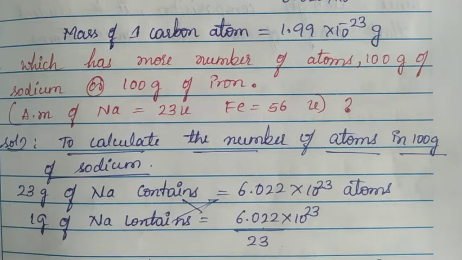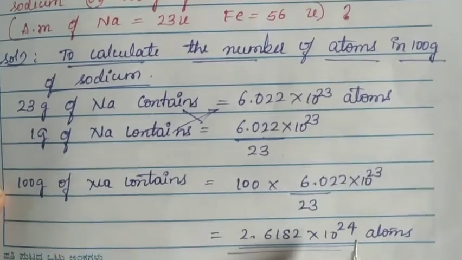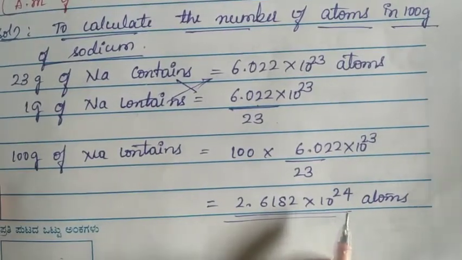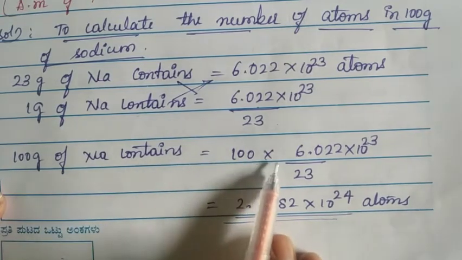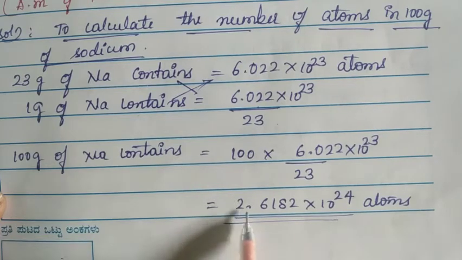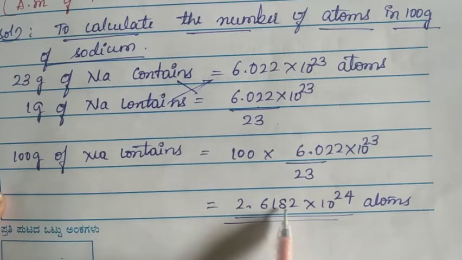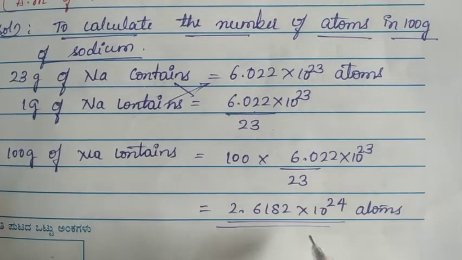Now cancel together and we simplify that, we get here the answer. Yes, 100 gram of sodium contains 2.6182 into 10 to the power of 24 atoms.